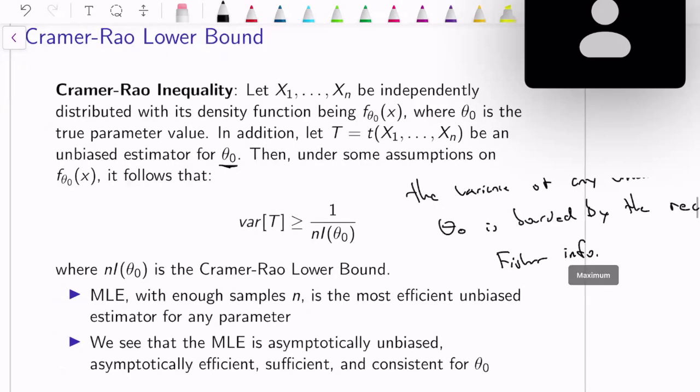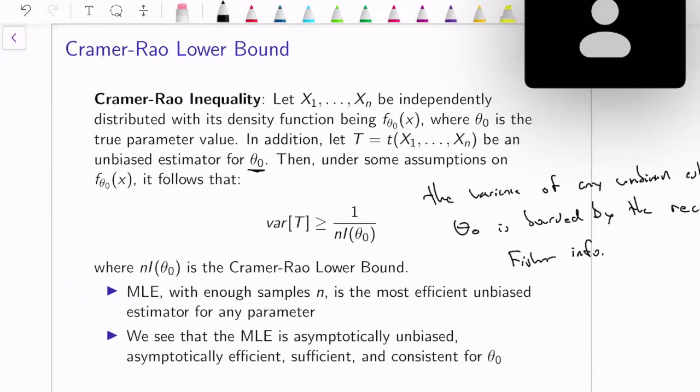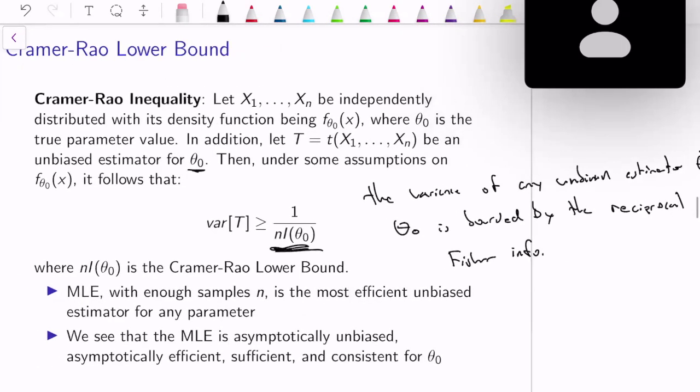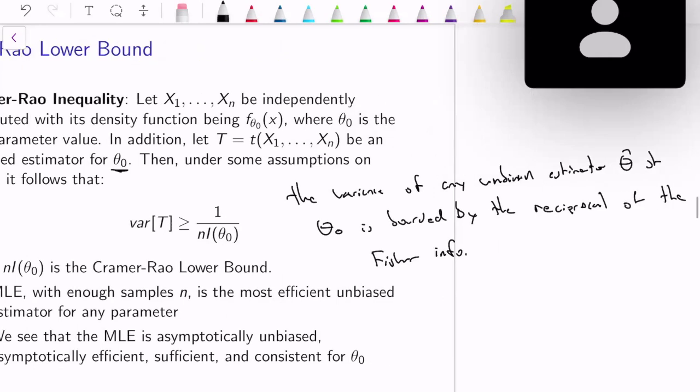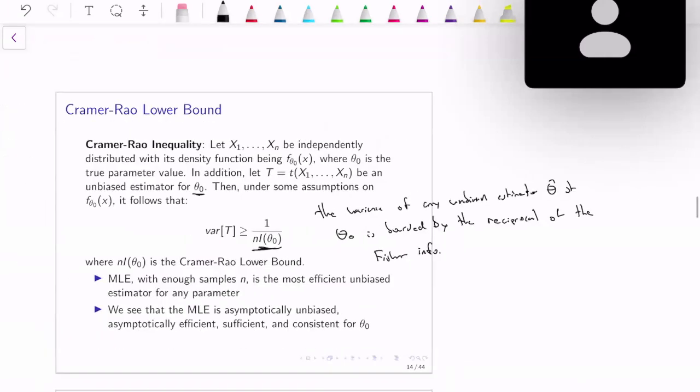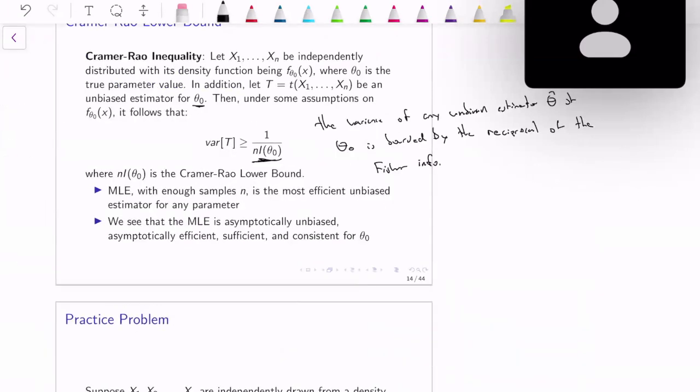So basically, this is just the lower bound, you'll never be able to get a variance lower than this value. I would say that's the easiest way to think about it. So again, if you're asked to calculate the Cramér-Rao bound, all it is is getting the Fisher information.